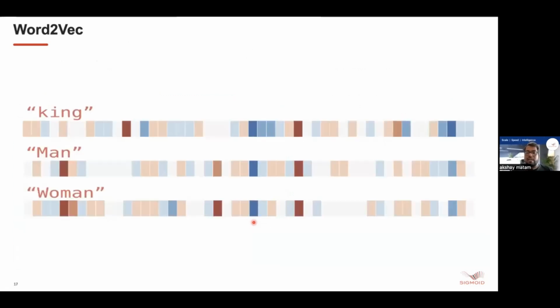So how can we see that contextual information is being captured in the keywords? Considering these examples, king, man and woman, we can see how the vector is being represented by these word-to-vec models. If we see here, king, man and woman are similar in nature when it comes to human entities, right?